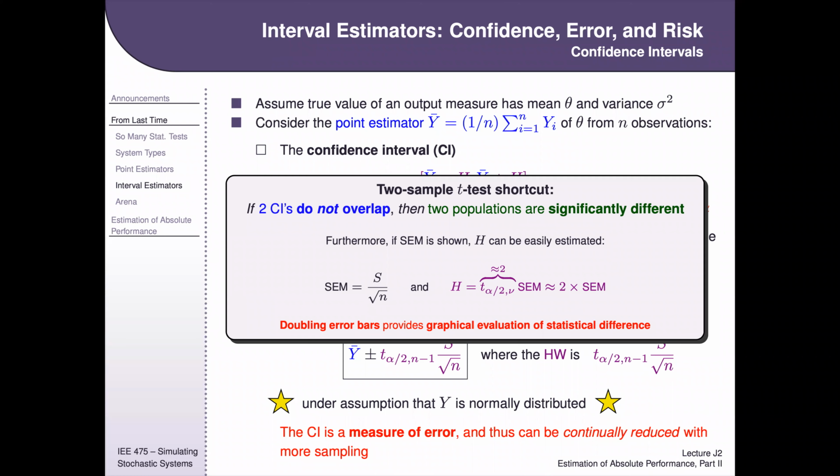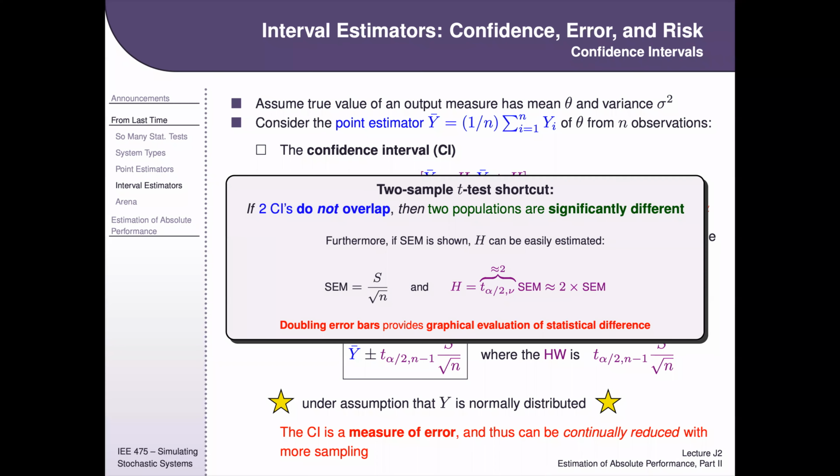If you're given a standard error on a plot, then you can easily estimate the half width if you're willing to assume normality. You just take the standard error, the plot of the mean that they've plotted, and multiply it by the critical t-value that corresponds to the confidence level that you want.